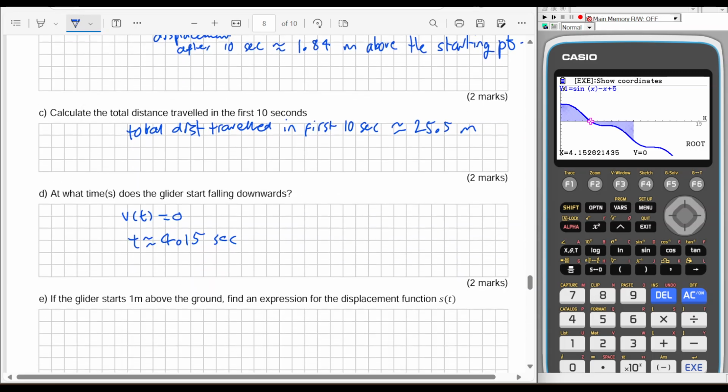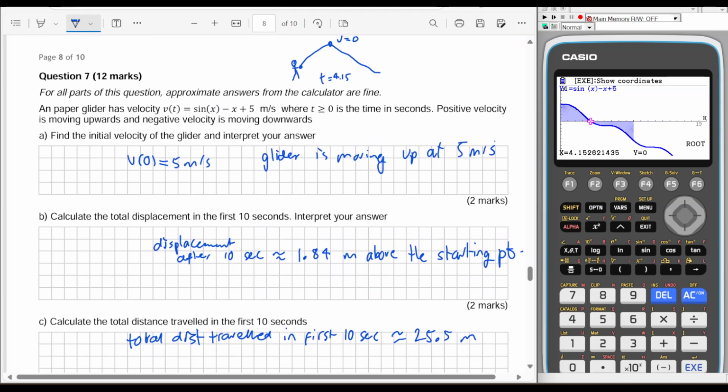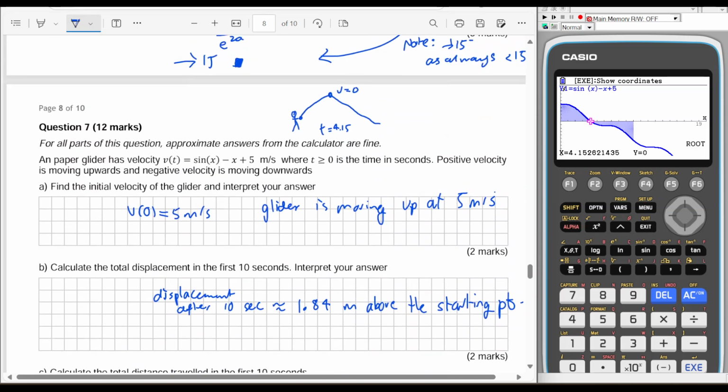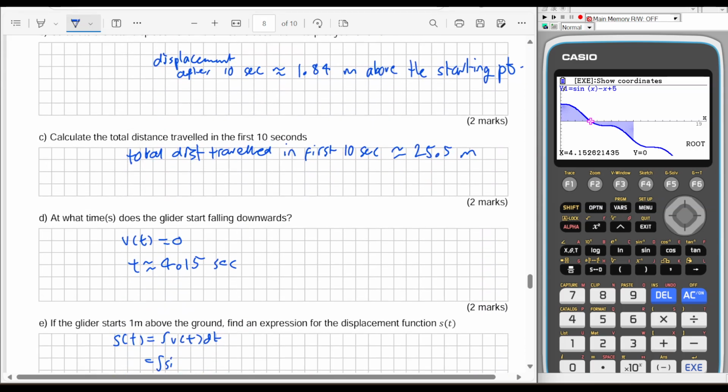Okay. If the glider starts 1 meter above the ground, find an expression for the displacement. So the displacement is the integral of the velocity. So this is the integral of sine of x take x plus 5. And that's with t's, so that should be t's in the question there. I'll fix that up on the actual test.